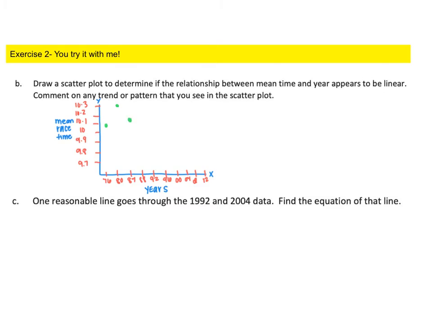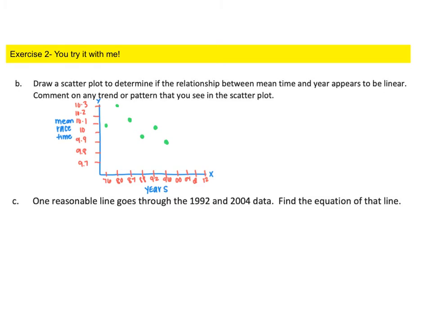For 1988, it was 9.96. I'm just going to put this right at 9.9, a little bit higher maybe. For 1992, it was 10.01, so this is right at 10. For 1996, 9.88, this is very close to 9.9.